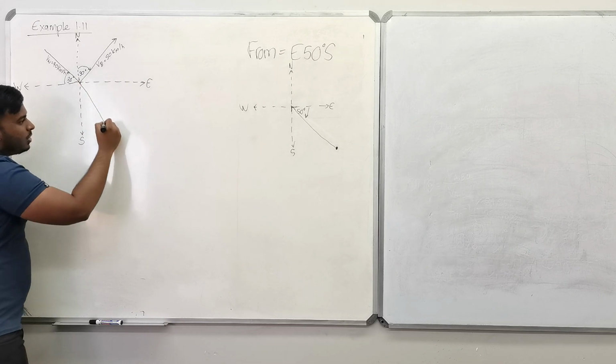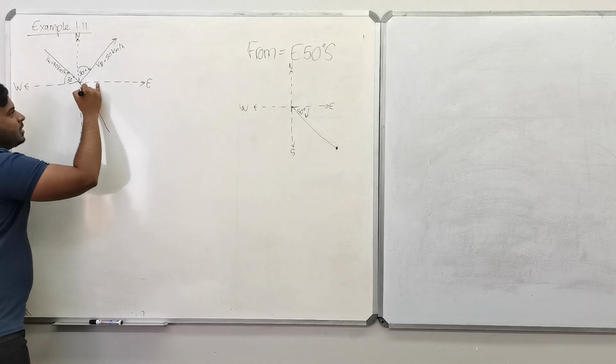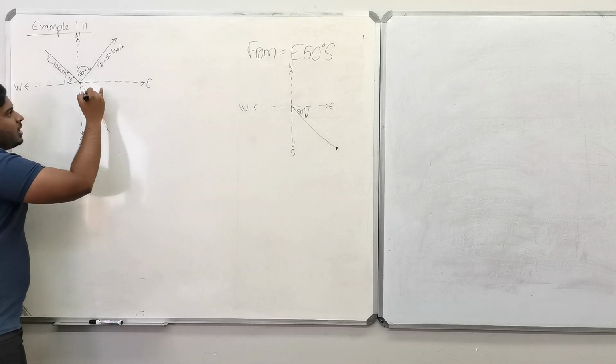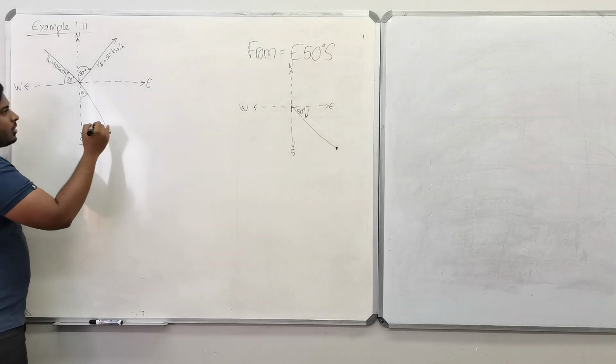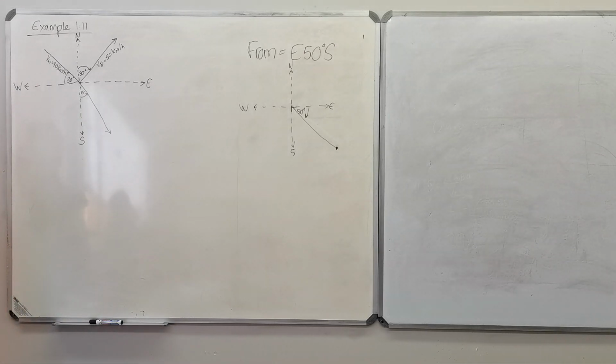So this is 15 degrees. They told you in a direction south 15 degrees east. So where is it moving? In that direction. It's moving down, in that direction. And then they tell you what the velocity is, 10 kilometers per hour.